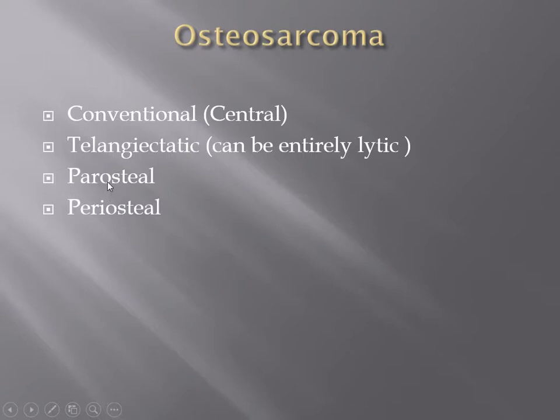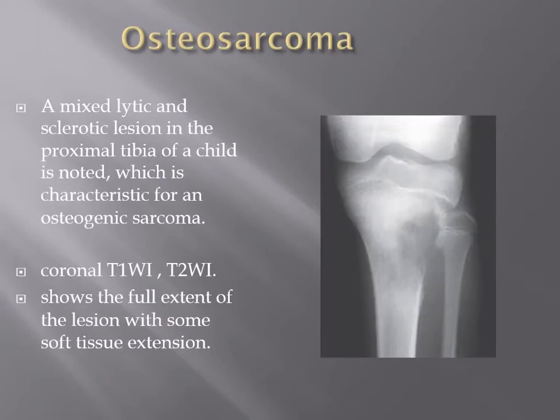The difference is that parosteal grows from the periosteum outwards, while the periosteal grows from the periosteum of the bone inward. Now, osteosarcoma can be mixed lytic and sclerotic, for example, in this case in the proximal tibia of a child, and this is characteristic.